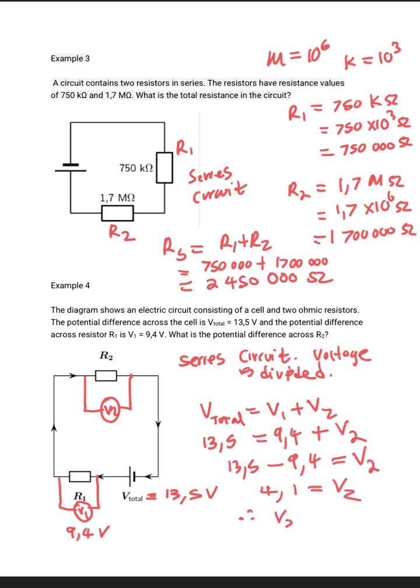Therefore, V2 is equal to 4.1 volts. Let me write it well so that it doesn't look like an R. So V2 is just 4.1 volts.